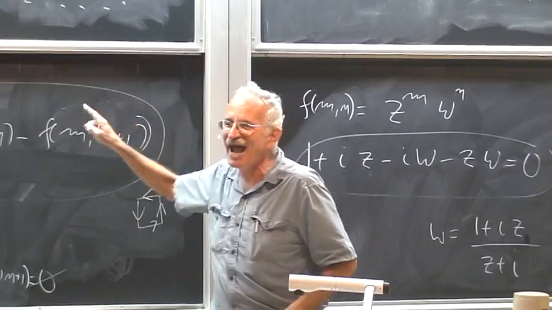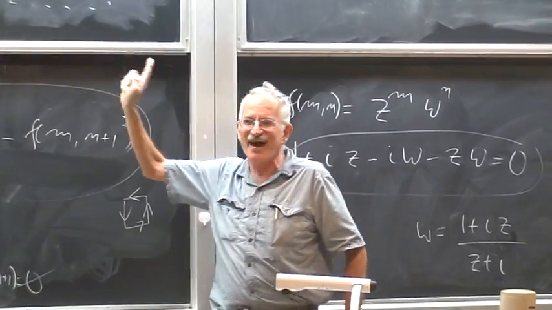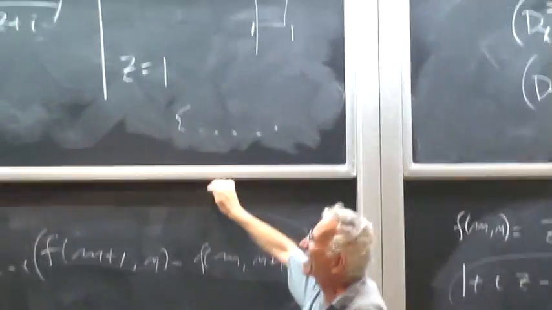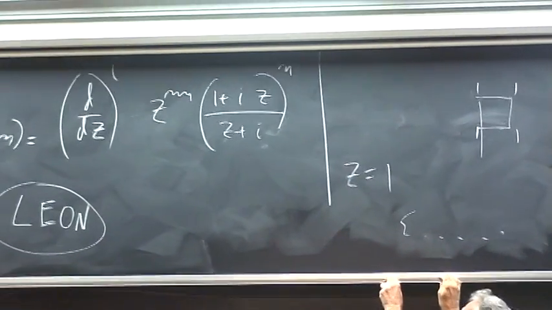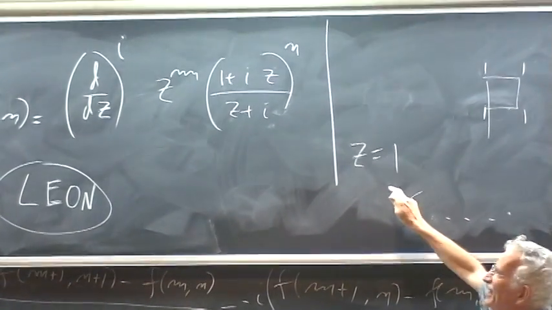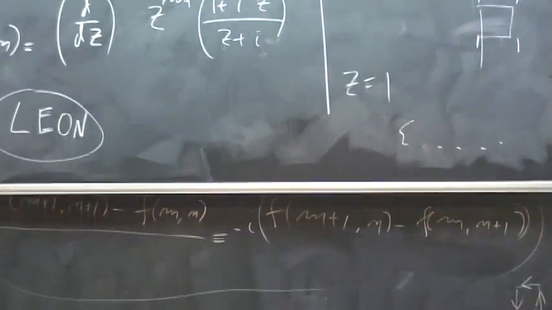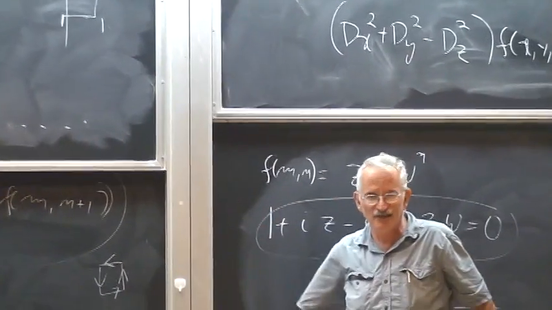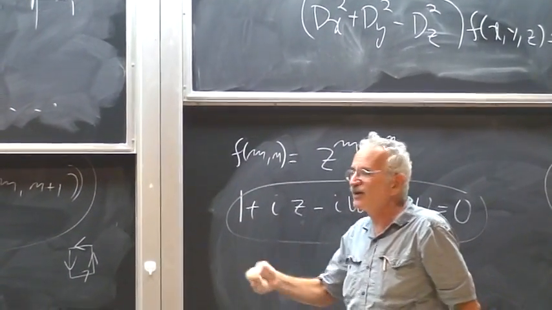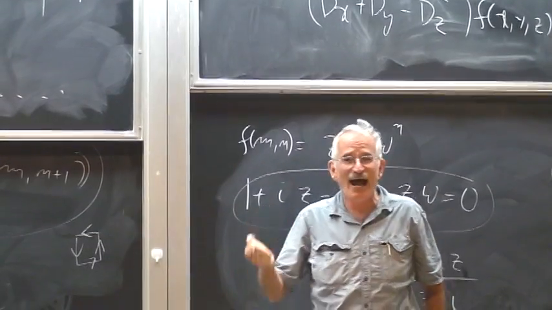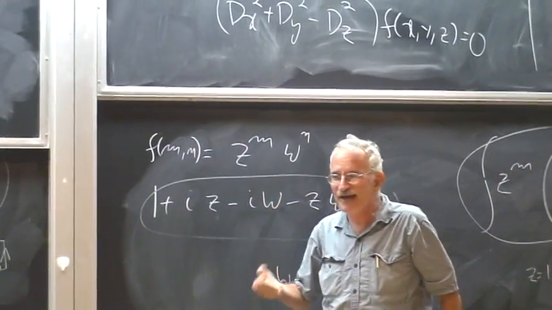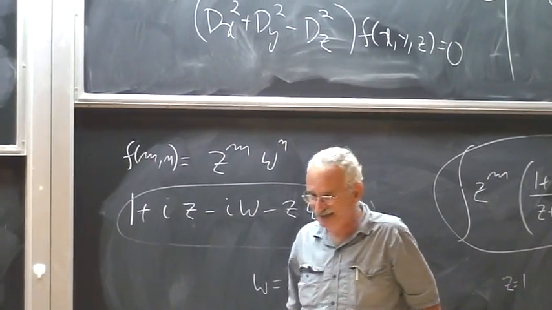But with the Ehrenpreis idea, you can do it 100 times faster. Because taking a derivative with respect to z and plugging in z equals 1 is much, much faster than solving this huge system of linear equations. So even conceptual mathematics a la Leon can also be very, very important computationally.